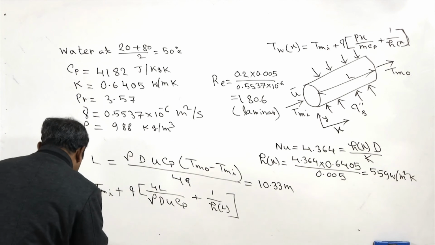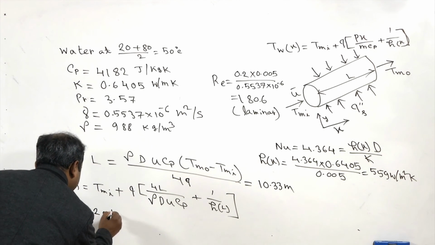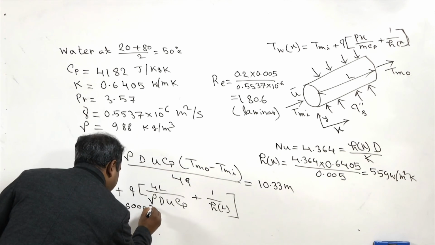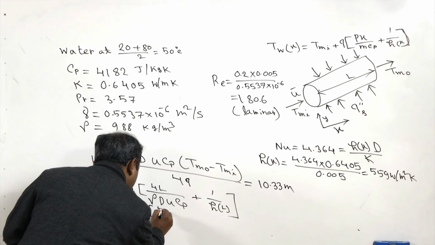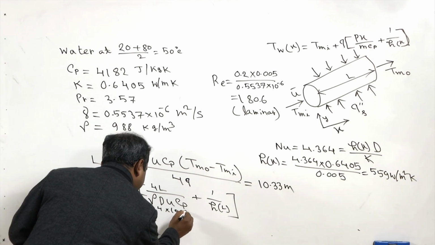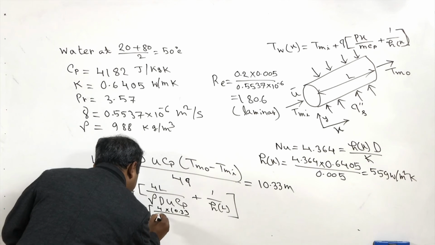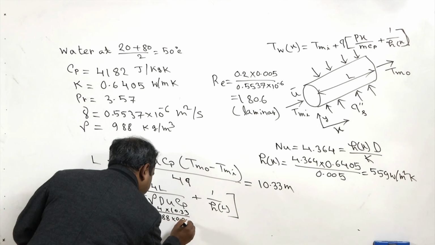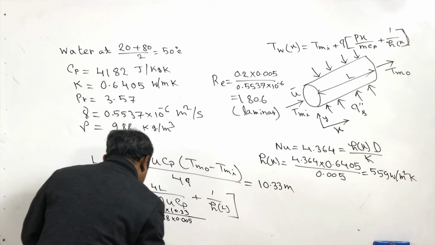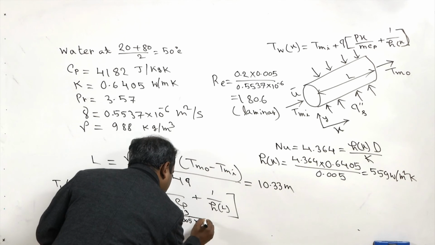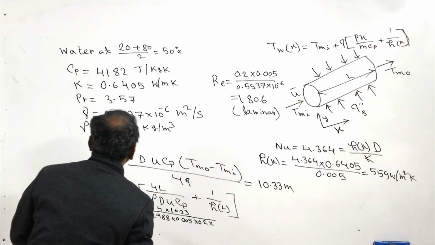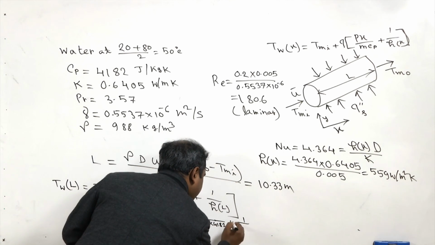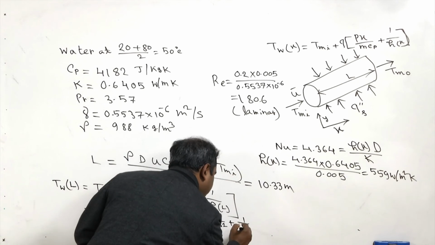So, if we put all this, that means 20 plus 6000 multiplied by 4 into 10.33, which is L I have found out, then 988 is the density, multiplied by 0.005, the diameter, then multiplied by 0.2, the velocity, multiplied by Cp, which is 4182, and then plus 1 by H, which I have found out to be 559.